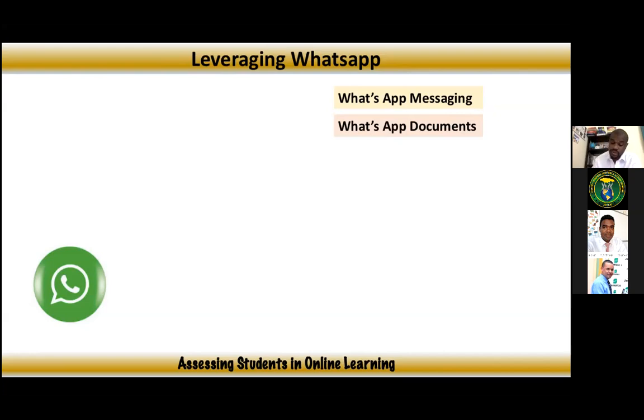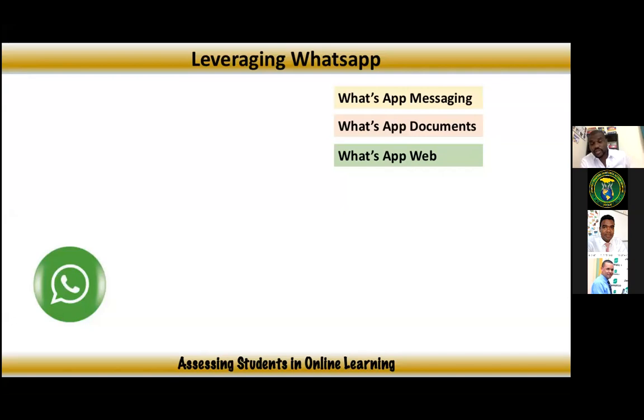Now, WhatsApp has other features, like WhatsApp Web, where you can actually set WhatsApp up on your laptop. You can use it to be more effective, because if you have resources on your computer, you can copy them into WhatsApp Web, and then students can receive those much more easily than if you tried to convert them on the phone.